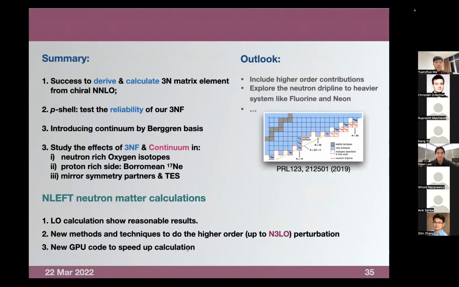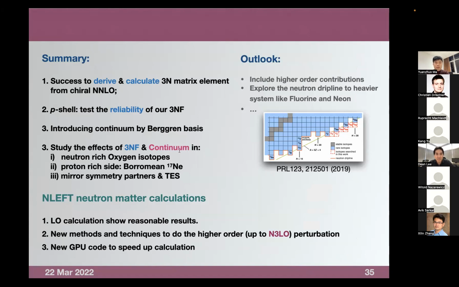We first derived and calculated the three-nucleon force and its matrix element at next-to-leading order to test the reliability and benchmark. We chose light p-shell nuclei, and we found the results consistent with other calculations.